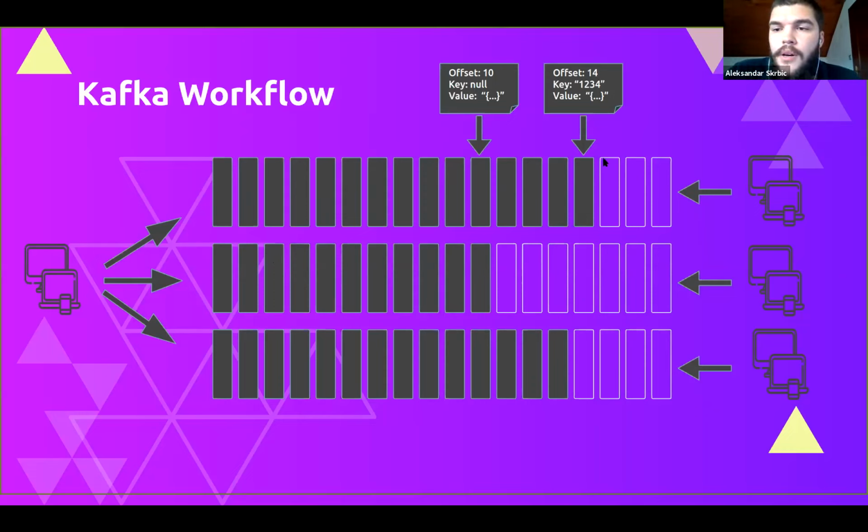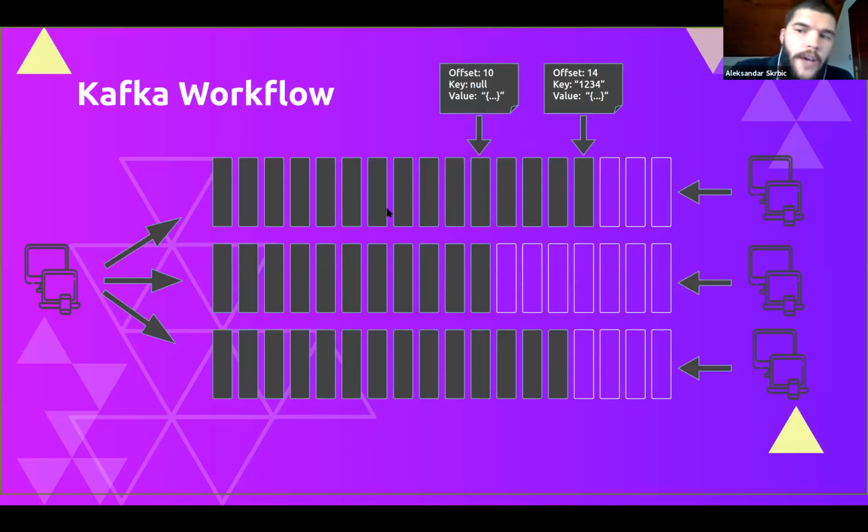I said that Kafka is pretty resilient, and resilience is achieved by the replication factor. The replication factor is just a number that represents the number of physical copies of your topic. And you can specify the replication factor when you are creating a Kafka topic.